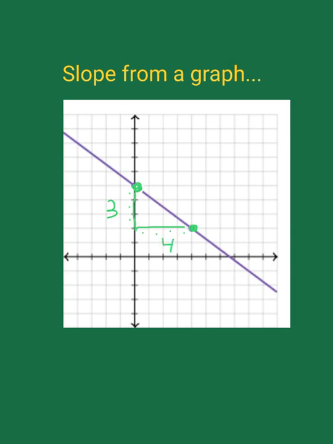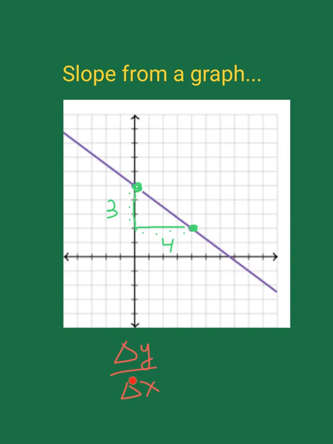So the slope, which is delta y over delta x, this is a Greek letter right here. It's a triangle, but it's also a Greek letter. It's called delta.